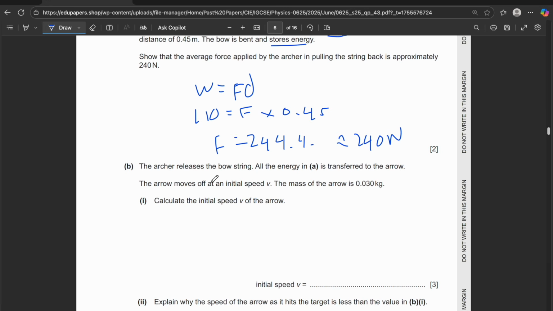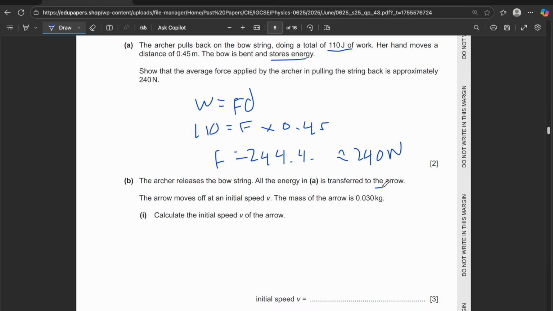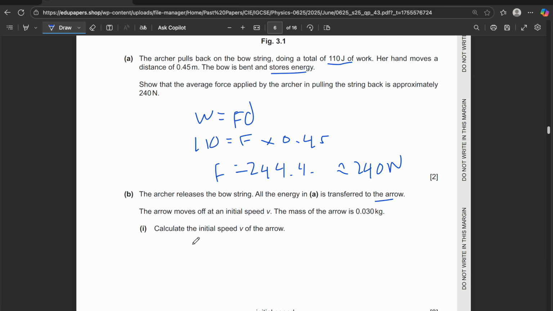So it says all of the energy will be transferred to the arrow. So that means that the arrow's initial kinetic energy will be this much. So EK is equal to 1/2 mv squared. This is 110. 1/2 mass is 0.03 into v squared.